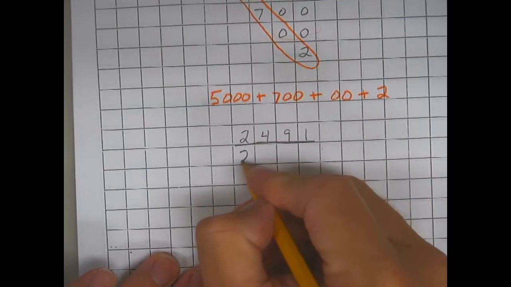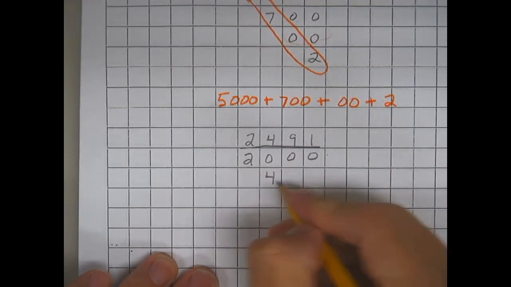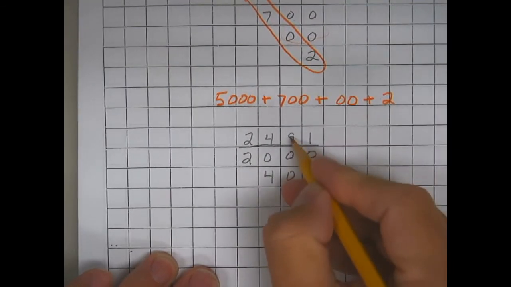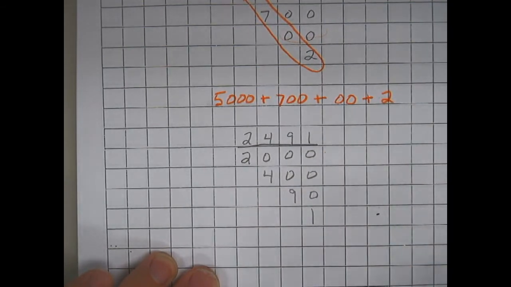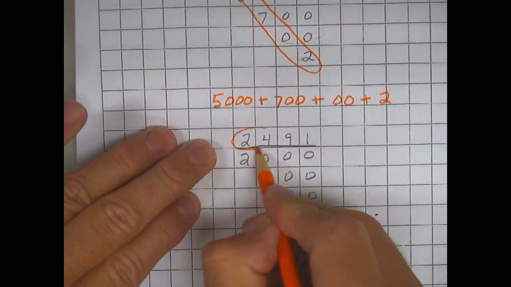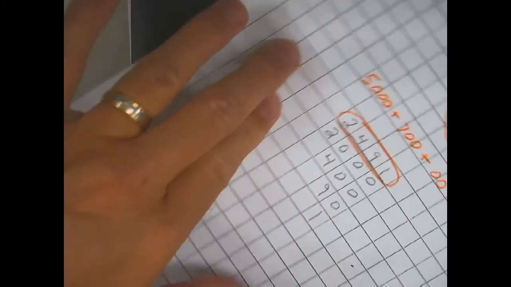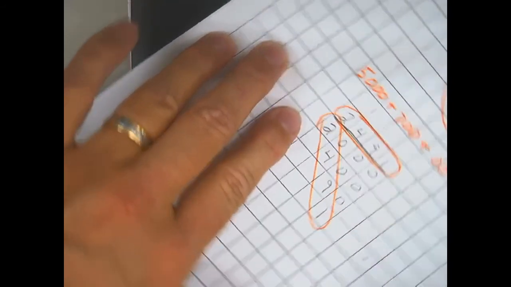Here's our 2,000, the 400, drop the 9, drop the 1. So that our number here, 2,491, is the same here, 2,491.